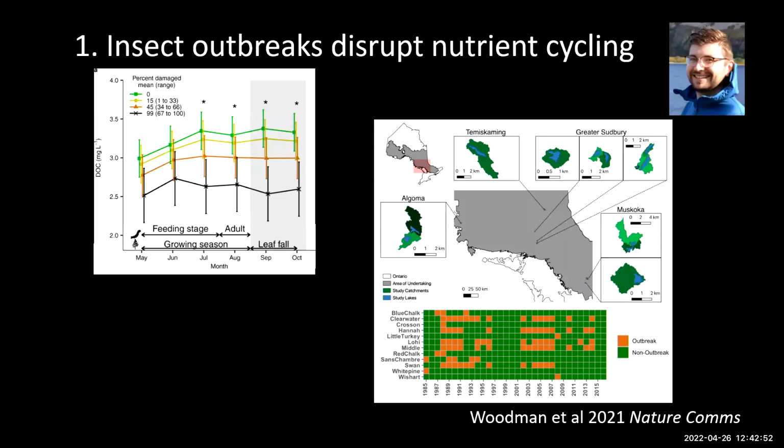And so what we find is that there is no change in the dissolved organic carbon concentrations over the start of the summer, but when the caterpillars transition from the feeding stage to the adult, there's this decline in the carbon concentrations if you compare the green lines to the black lines, and that persists throughout the rest of the growing season. And it turns out that these effects were even stronger as more of those catchments were covered by deciduous trees.